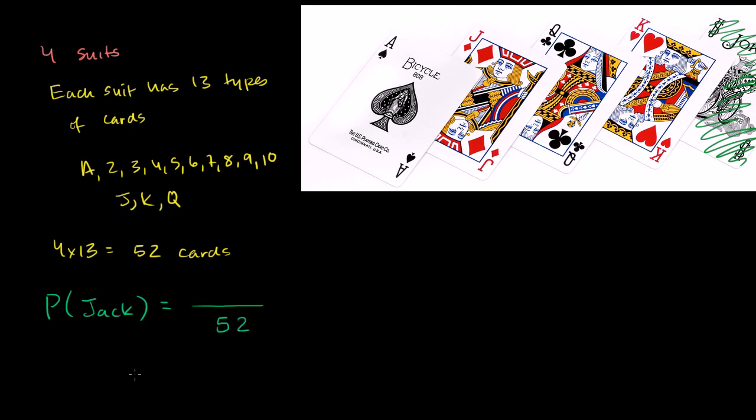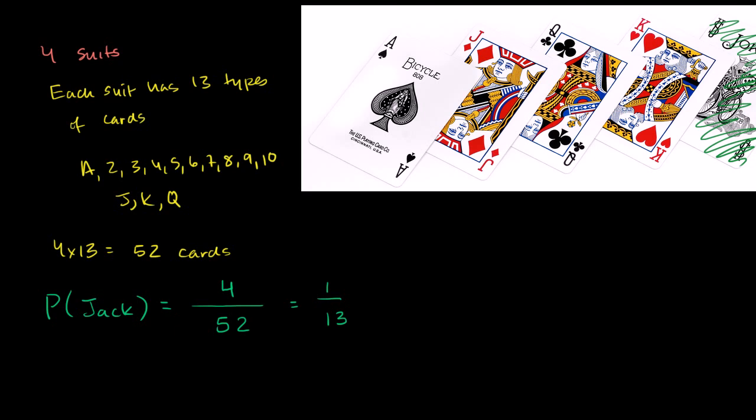And how many of those 52 possibilities are jacks? You have the jack of spades, the jack of diamonds, the jack of clubs, and the jack of hearts. There are 4 jacks in that deck. So it is 4 over 52. These are both divisible by 4. 4 divided by 4 is 1, and 52 divided by 4 is 13.